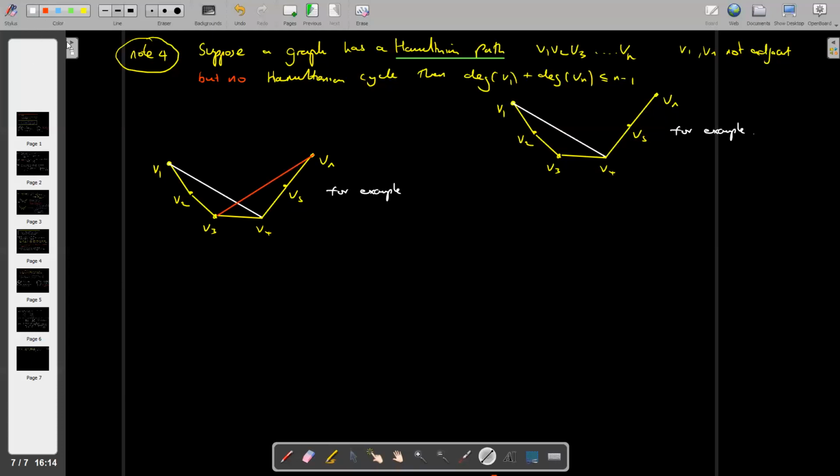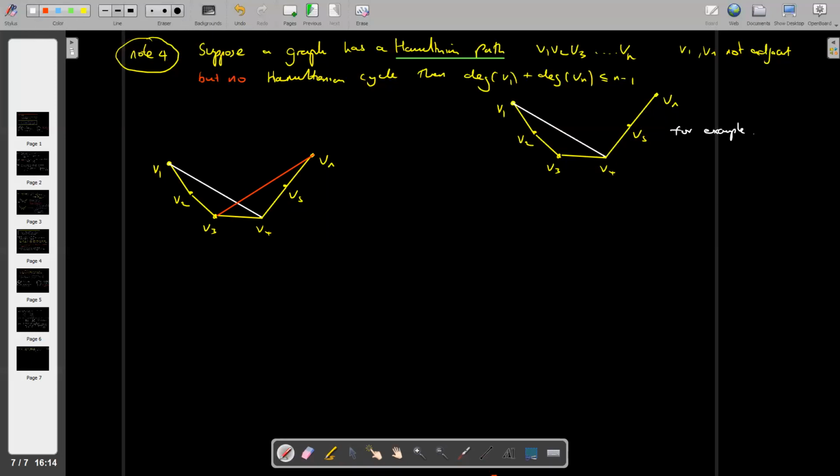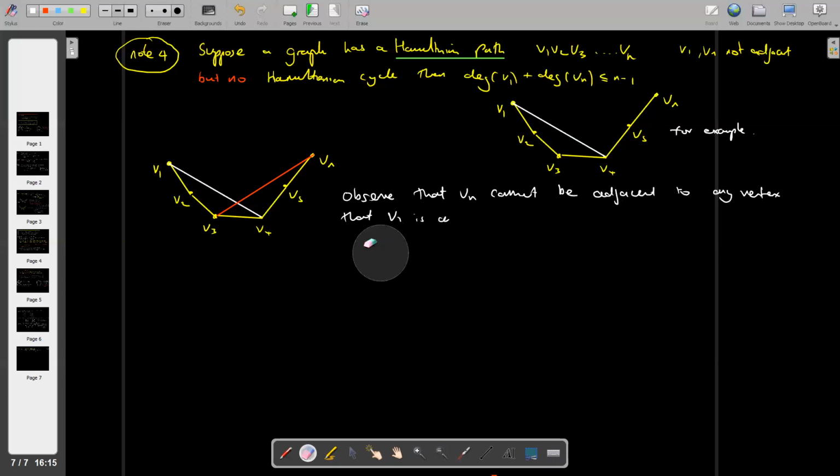So observe that Vn cannot be adjacent to any vertex that V1 is adjacent to.